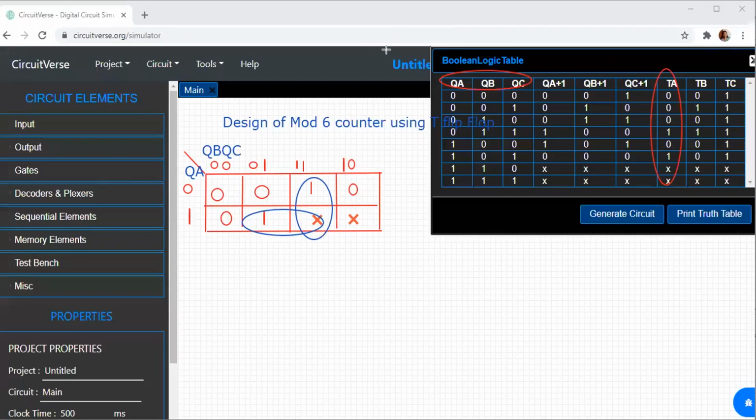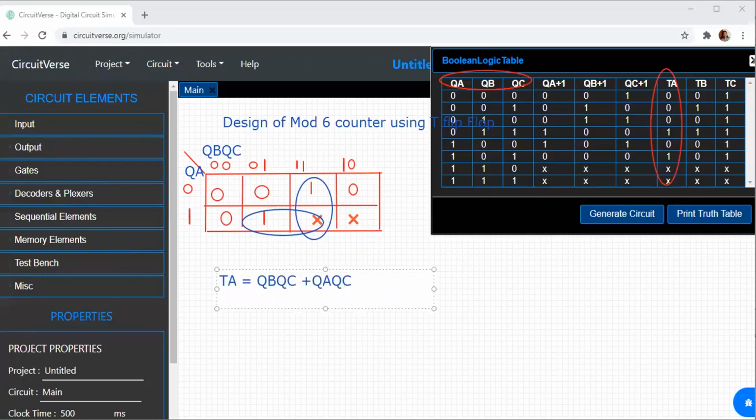Now if I write the TA value, for this pair the 0 and 1 are changing, so it is QB into QC, plus, and for this pair it is QA into QC. So TA is equal to QA into QC plus QB into QC. This is for TA.